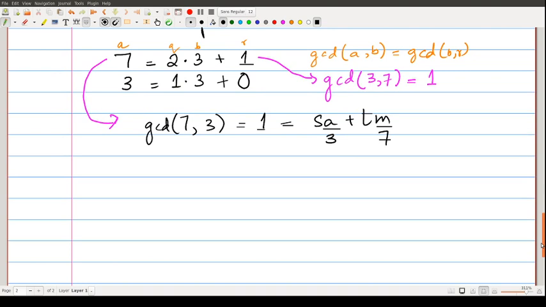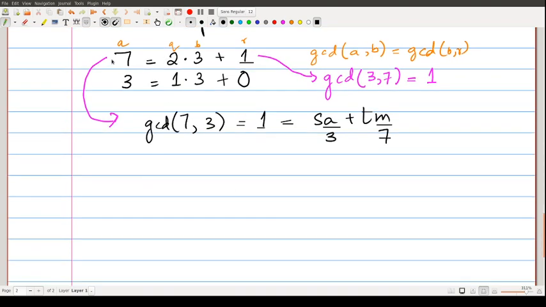I can take this equation and rewrite it as 1 equals 7 minus 2 times 3. Now I've written 1 as a linear combination of 7 and 3.